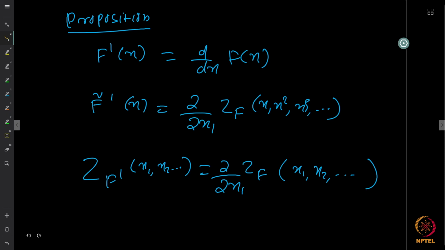So from this, if you just substitute with x, x^2, and so on, you will get this one naturally. Again, we are not going to prove this, but just keep it in mind that these can be rigorously proved.